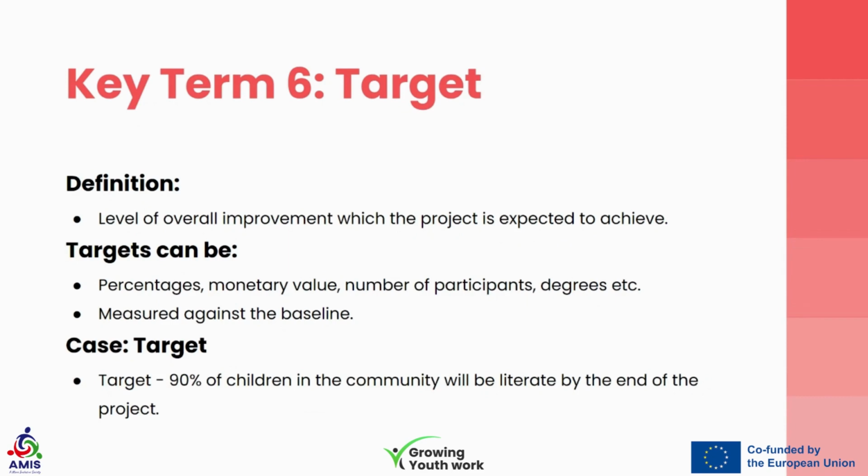The target is usually measurable by terms such as percentages, monetary value, number of participants, degrees, etc. The target often uses the baseline as a starting point to assess the success of the project or program. For our case study, we could determine that the target would be to increase literacy levels to 90% of the children in the community by the end of the project.